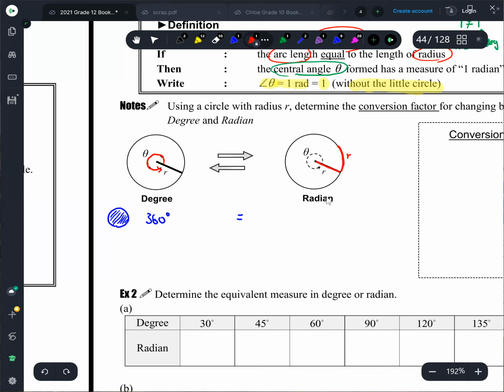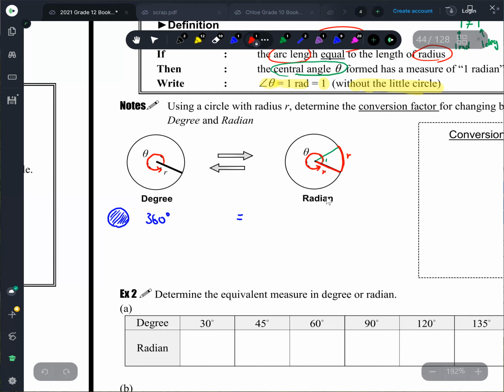This is radius, and then this opening is 1. So if I want to turn a full circle, every radius will be 1. How many 1 radian will be in a full circle then?